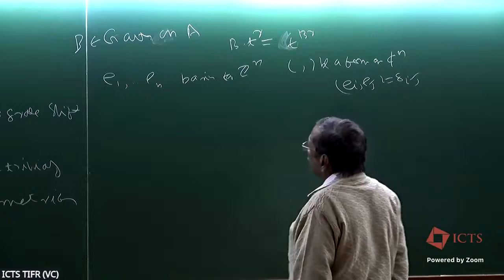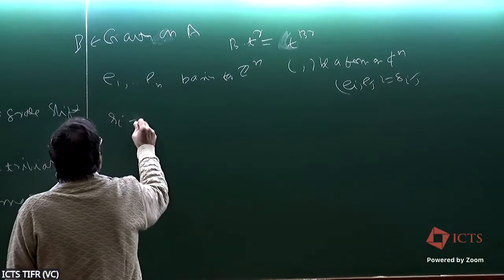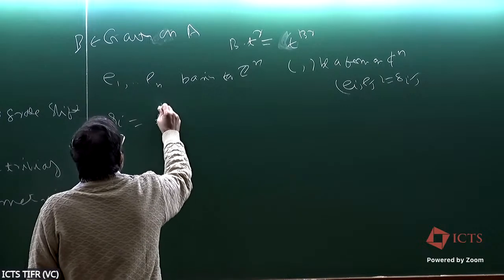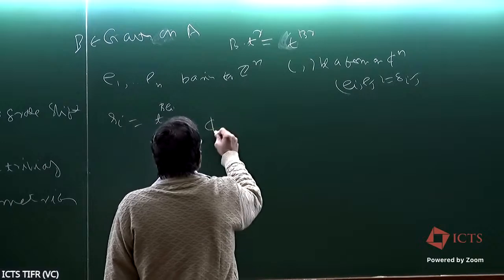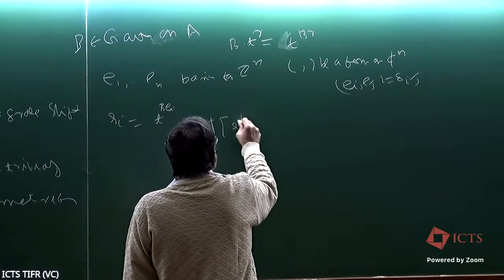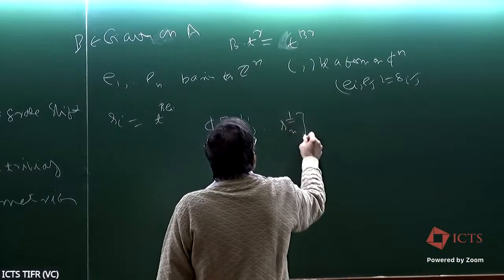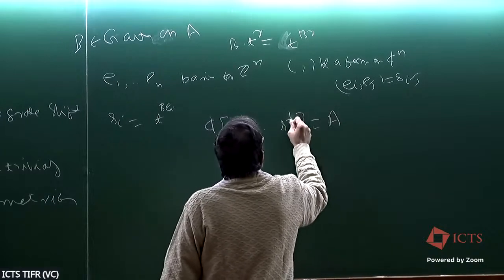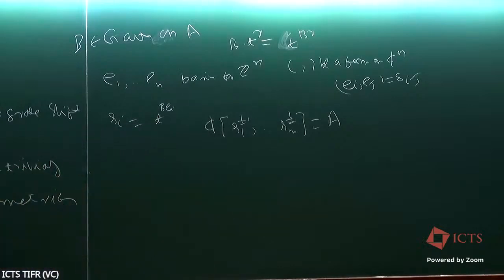That form is needed. So you just put Si is equal to T power B Ei. And notice that Laurent polynomial in these many variables is actually, this is what we call choosing the proper coordinates.